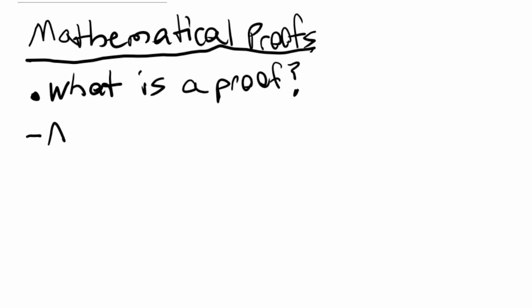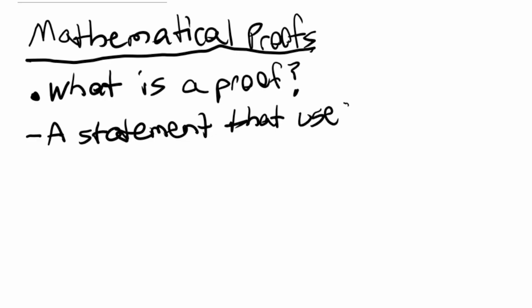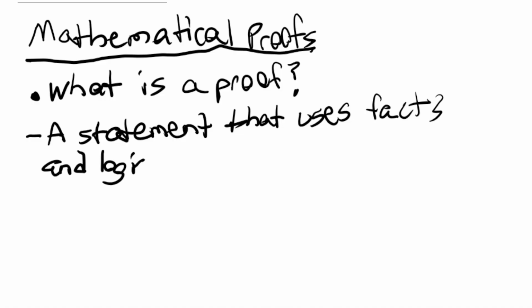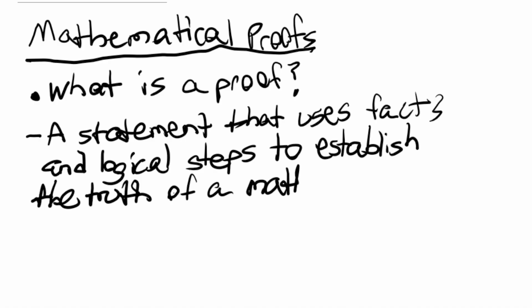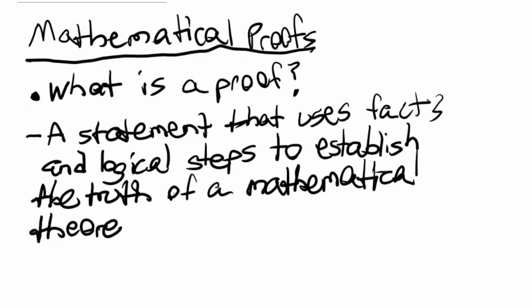Well, a mathematical proof is a statement that uses facts and logical steps to establish the truth of a mathematical theorem or proposition.